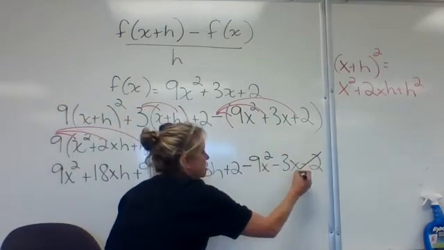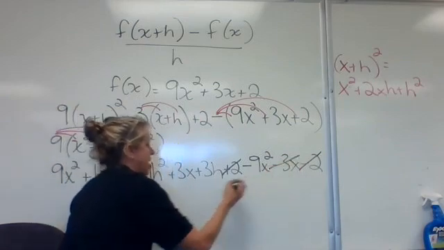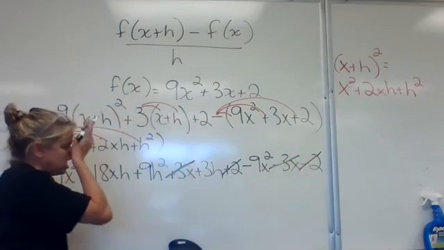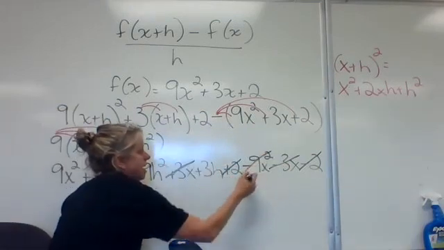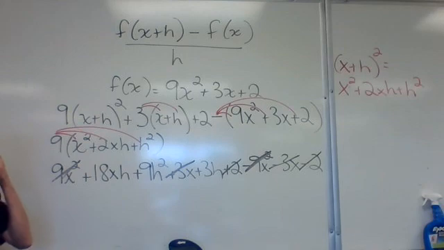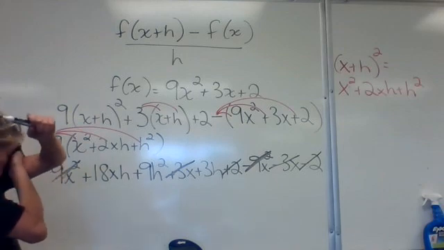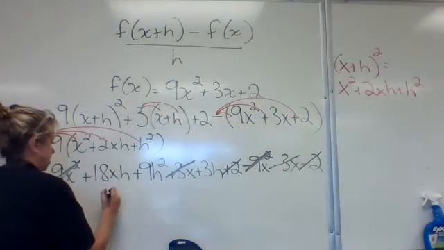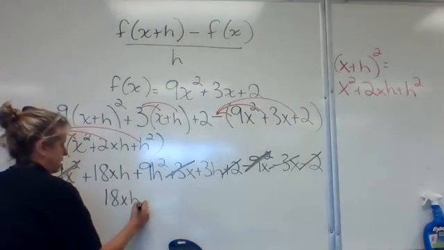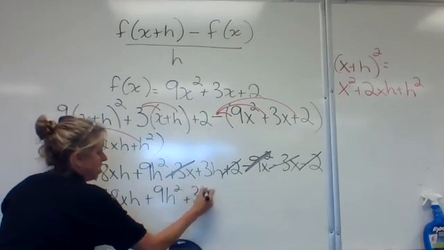So this minus 2 cancels out that plus 2. The minus 3x cancels out that plus 3x. And the minus 9x squared cancels out that positive 9x squared. So let's see what we have left. We've got 18xh plus 9h squared plus 3h.